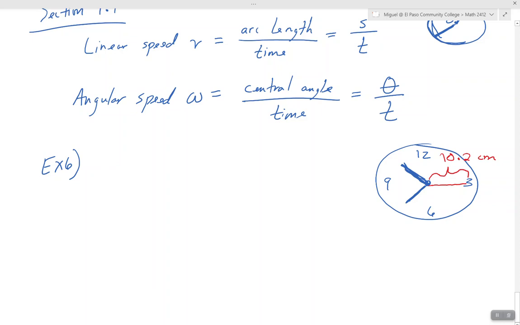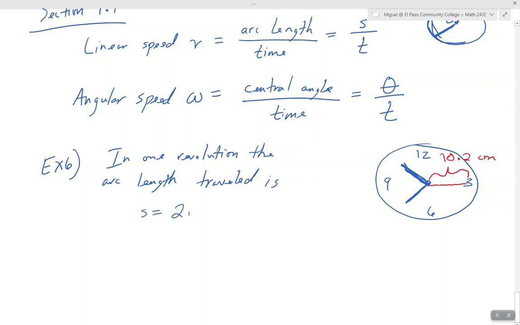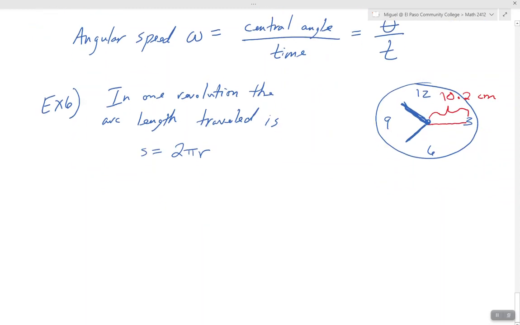So let's do this. Let me write it out. In one revolution, the arc length traveled is two pi r.